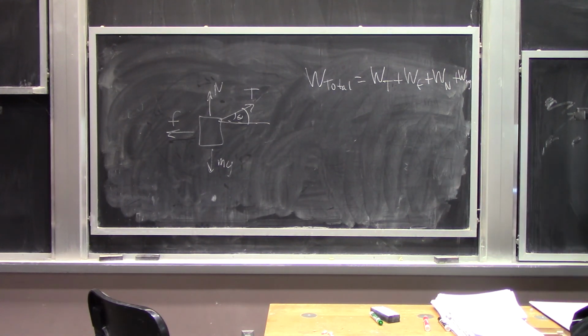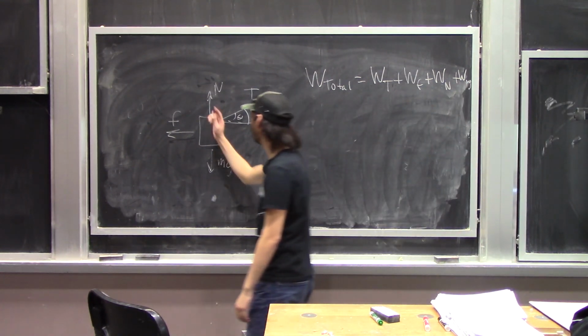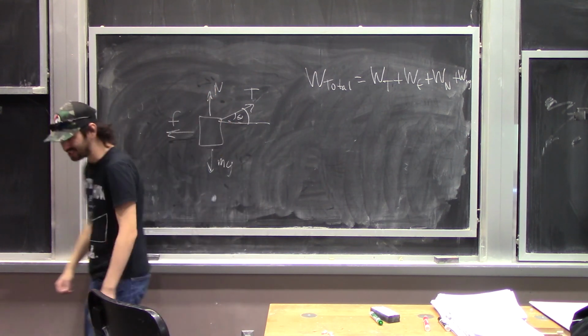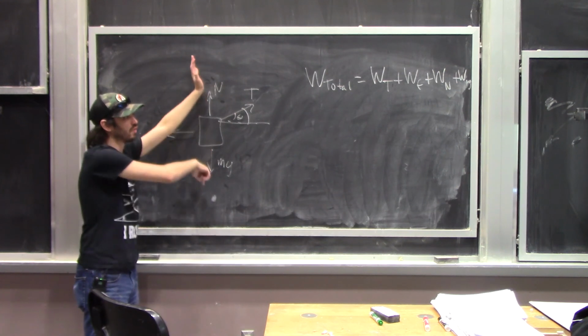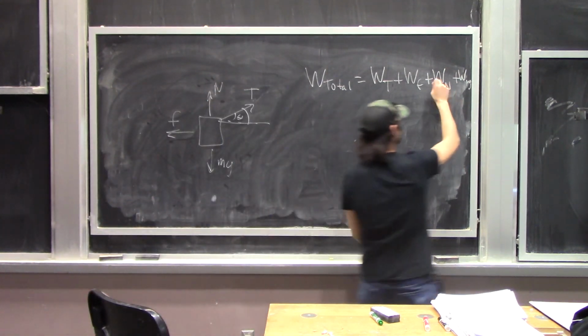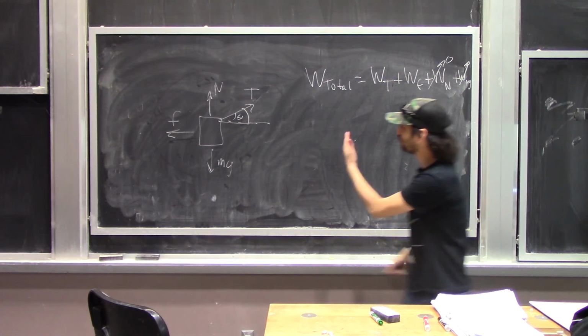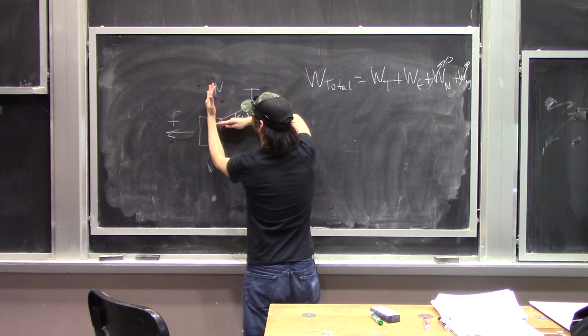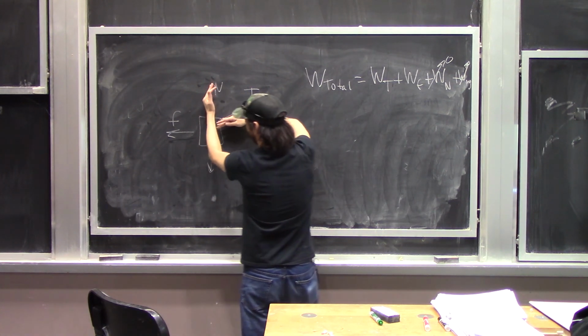Okay? So right off the bat, we can get rid of some of these terms, because the force is perpendicular to the direction of motion for the normal force and for the force of gravity. So these two are identically 0, because the angle is 90 degrees and cosine of 90 is 0.